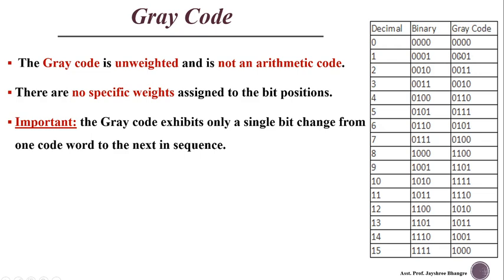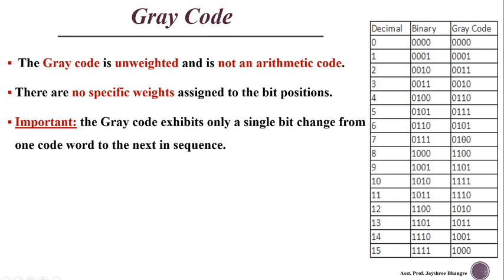To represent the next number to this, 0001, that is 3, only one bit changes: the LSB bit is written as it is, and the next bit, that is 0, changes to 1. That means only one bit changes to represent the next code word in a sequence. Again here, the LSB bit changes to 0, and the other bits remain as they are, so only one bit changes.